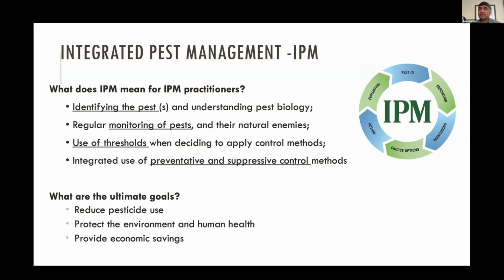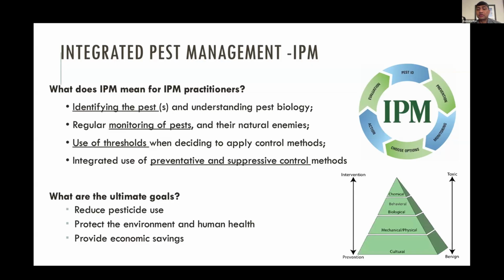So the goal is, if you're doing all of this, you should be able to reduce some pesticide use. It also definitely helps the environment and human health because you have less pesticide going into the environment. And also, bottom line, it has to be economically viable, right? So economic savings should be a part of that.